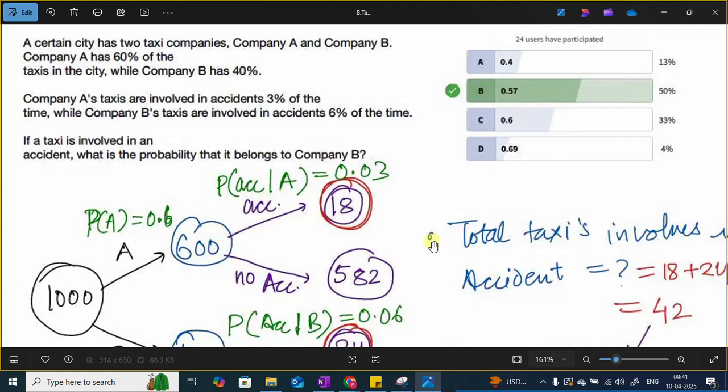Company A taxis are involved in accidents 3% of the time, while company B taxis are involved in an accident 6% of the time. If a taxi is involved in an accident, what is the probability that it belongs to company B? So these all are, guys, conditional probability problem statements.